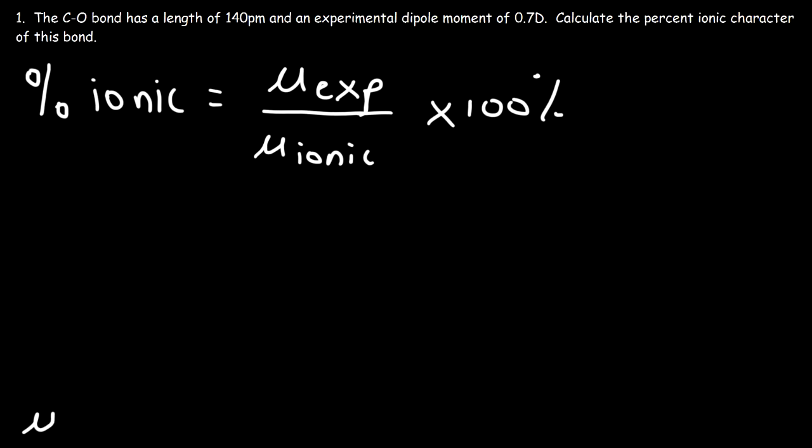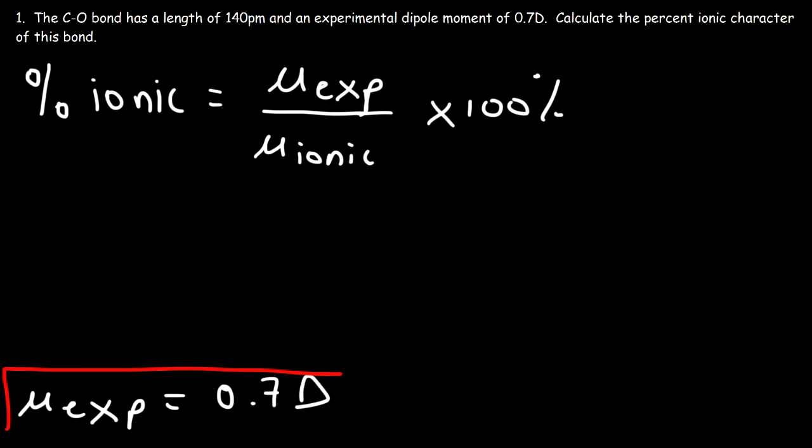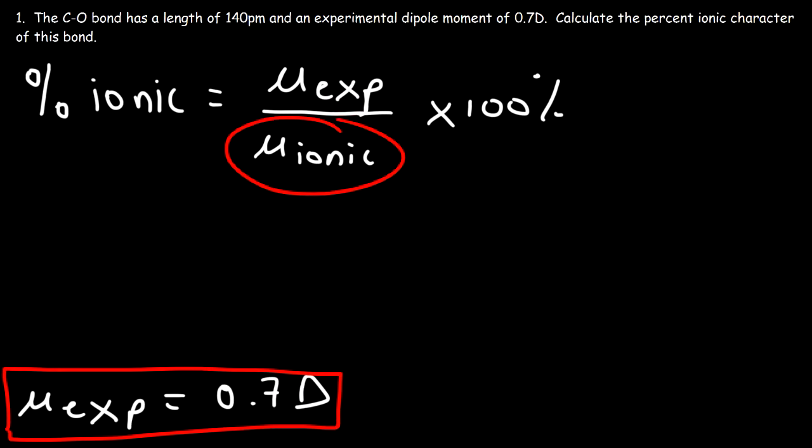So we already have the experimental dipole moment. That's given to us as 0.7 debye. What we need to do in this problem is calculate the ionic dipole moment.